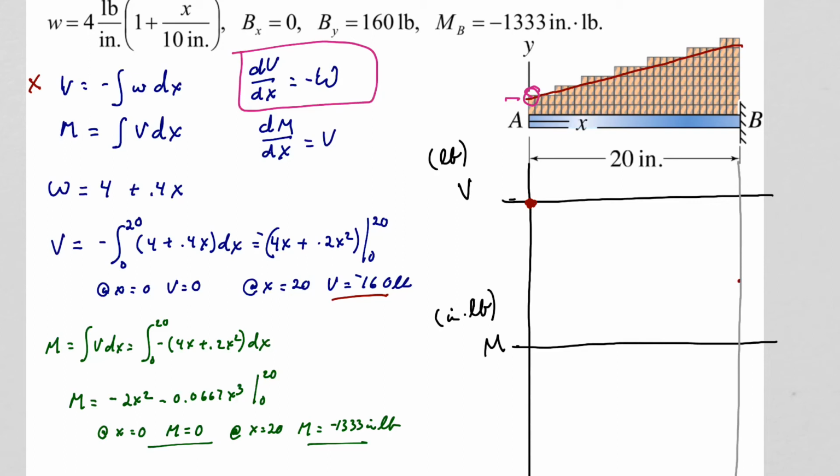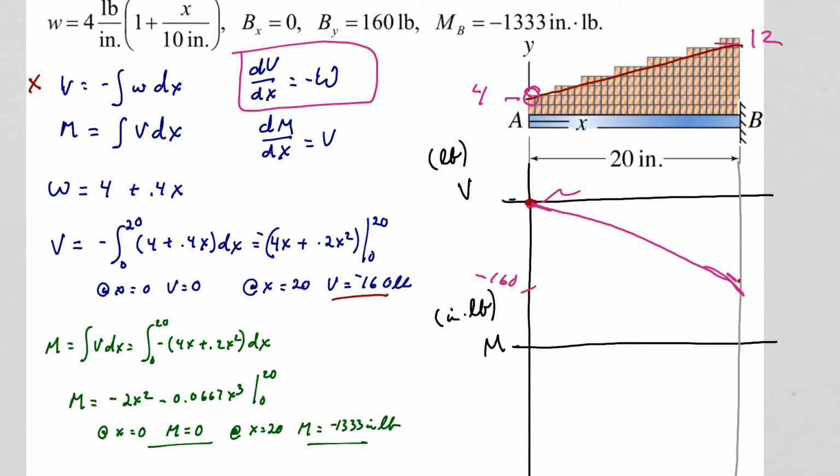This value is 4, and this value up here is 12. So my slope is going to be the negative of that, meaning it will start out with a negative slope, and it gets more negative to 12. So it will have a slope something like that, where this value down here is minus 160.